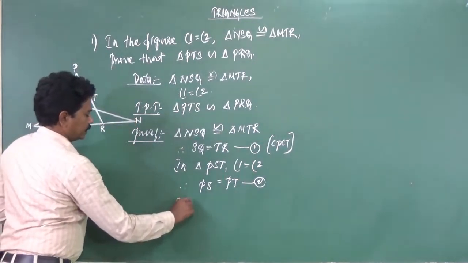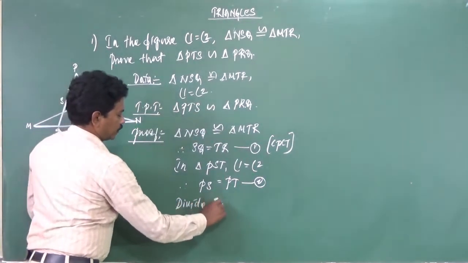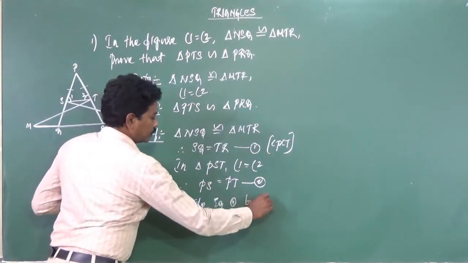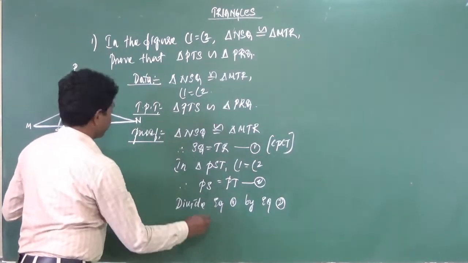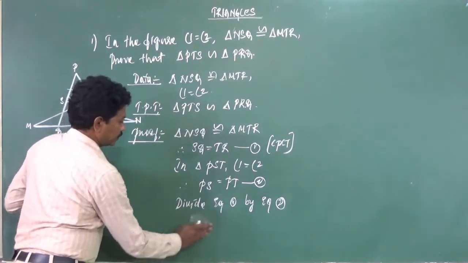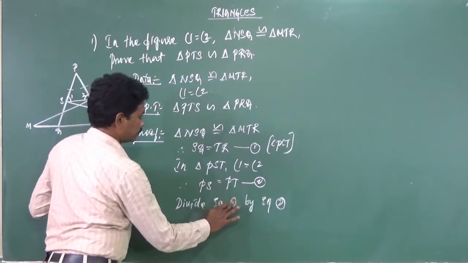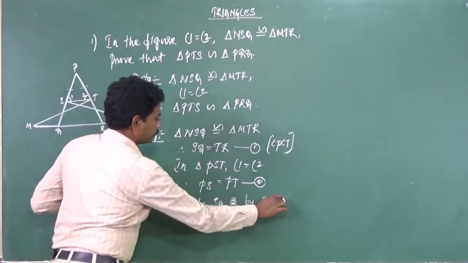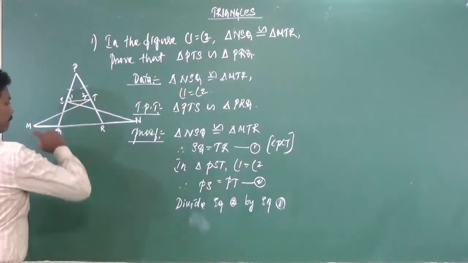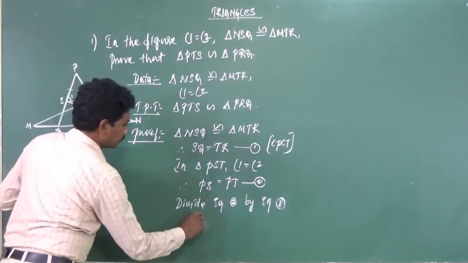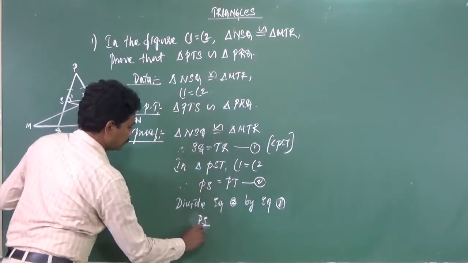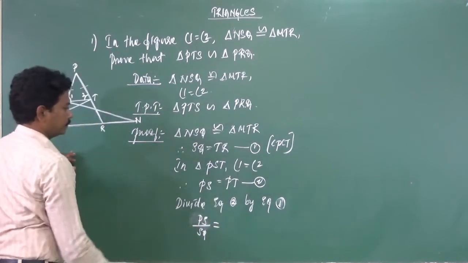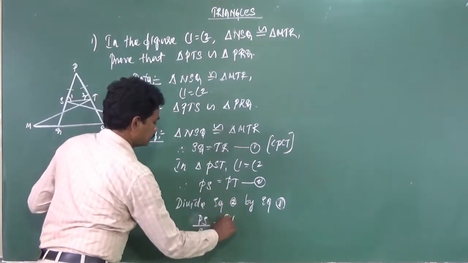Let us divide equation 2 by equation 1. So that becomes PS by SQ is equal to PT by TR.